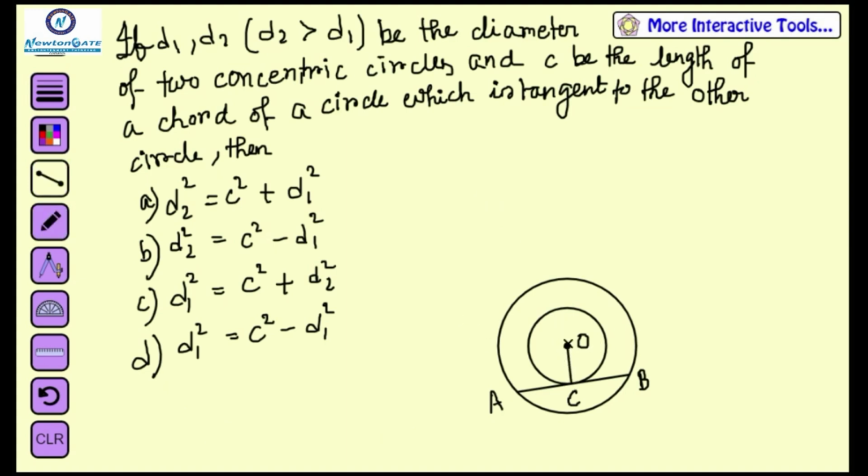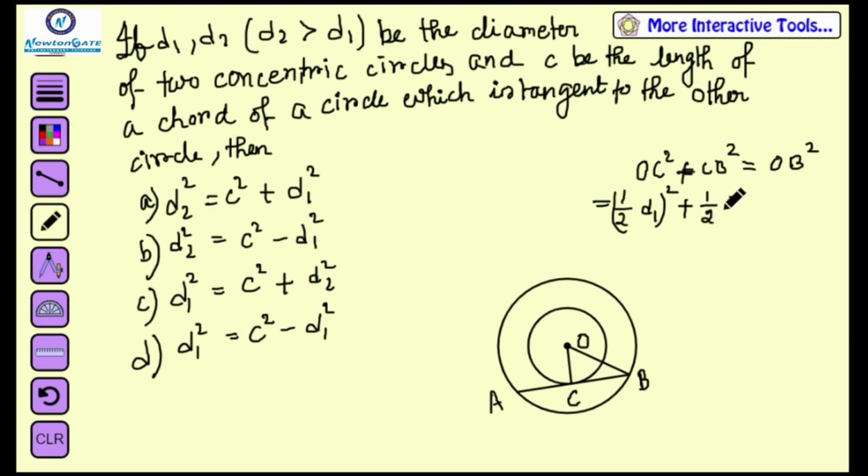Here OCB forms a right angle triangle. So by the Pythagoras law, we write that OC square plus CB square equals OB square. OC means the radius of the smaller circle. Since the diameter of the smaller circle is D1, the radius of the smaller circle is half D1, whole square. Here the chord AB equals c and CB is half of AB.